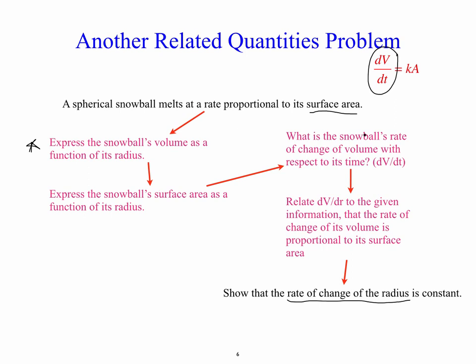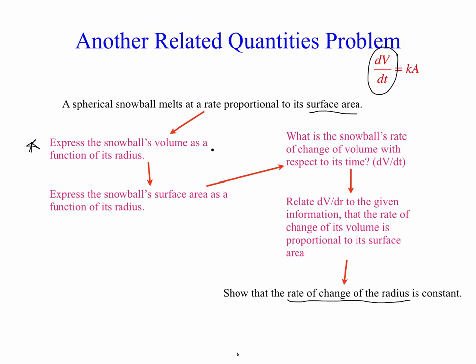That's where we head in this direction. Then, finding the rate of change of volume with respect to time and relating the rate of change of volume with respect to the radius, to the given information. Okay, so let's see how this pans out.